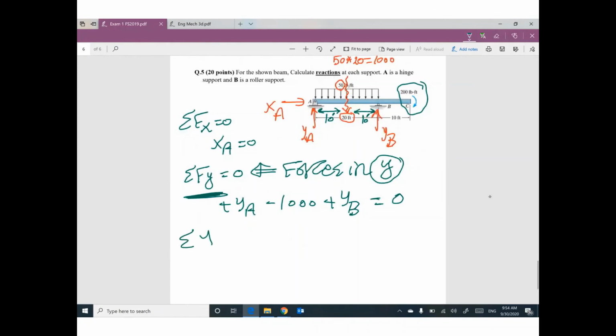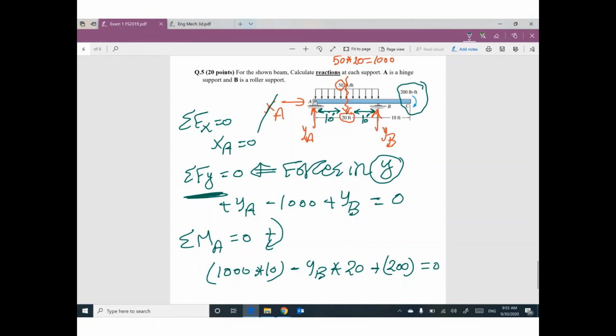Third equilibrium equation, summation of moments. I'm going to choose A, equals 0. Assume this direction is positive. So we have 1000 because YA and XA will be cancelled. We have 1000 times 10. We have negative YB times 20. We have positive 200. Anybody can tell me what is the distance for 200? What is the distance between this moment and your point A? Do you remember what is the distance?